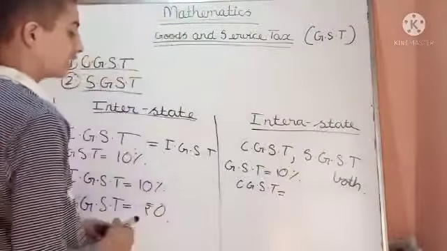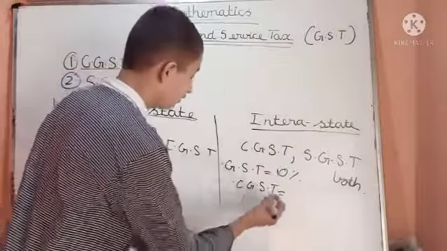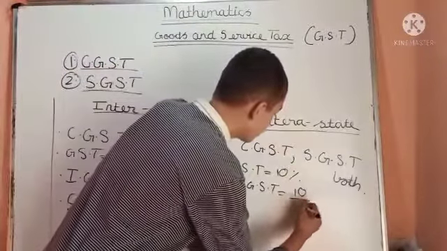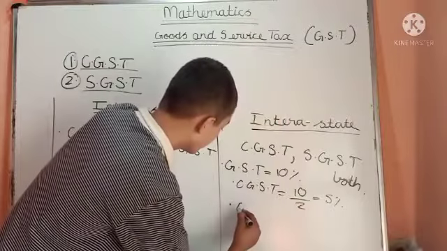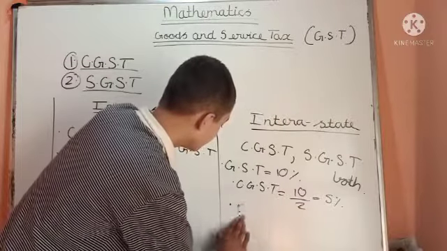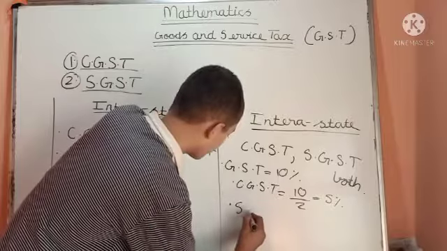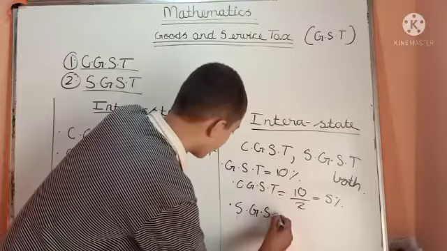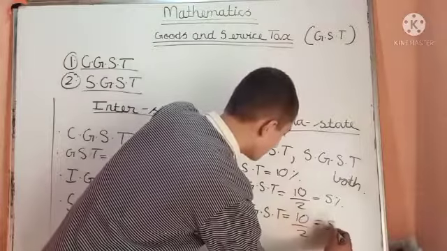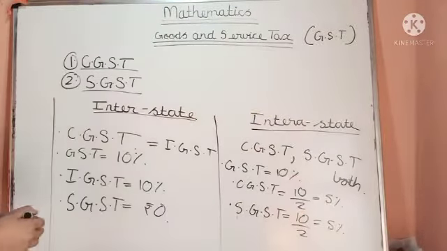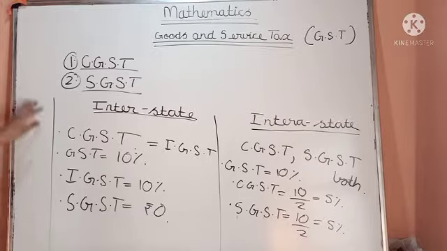So here you will write CGST. CGST will be 10 upon 2, that is 5%, and SGST will also be 10 upon 2 is equals to 5%. So these were some applications of goods and service tax.